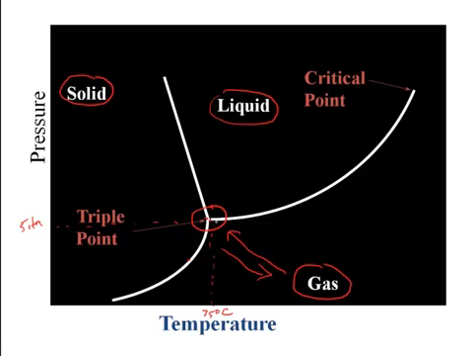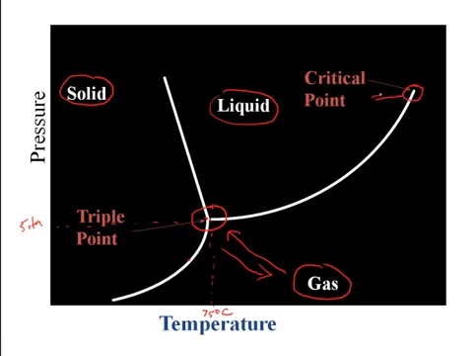If you can get that material at that point, you will see all states of matter: the solid phase, the liquid phase, and the gas phase. You've been around water when you've seen two of the phases, solid and liquid or liquid and gas, but you've probably never seen all three. And then right here is the critical point.